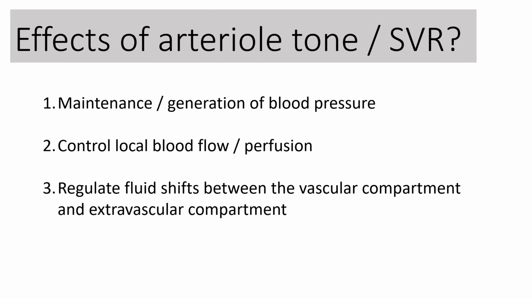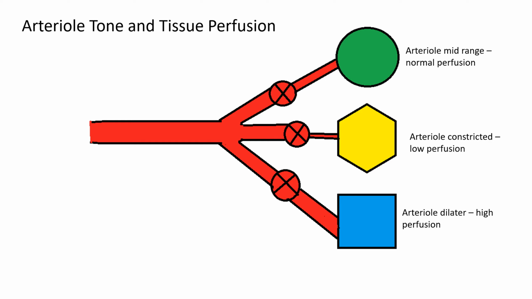Let's now discuss how arterial tone can affect tissue perfusion. In this diagram that I created with very little artistic skill, but a lot of determination, I've depicted three different physiological states using the three different shapes and colors which represent the tissues.